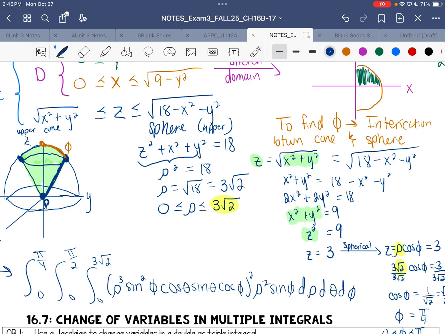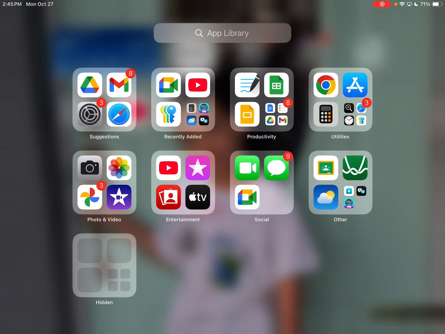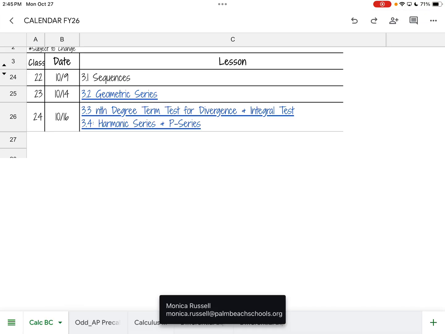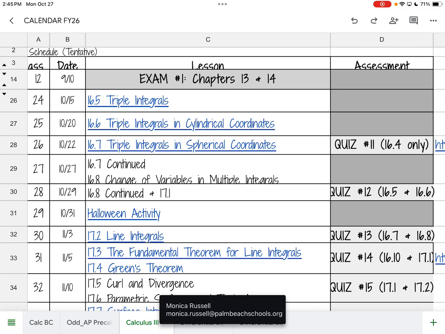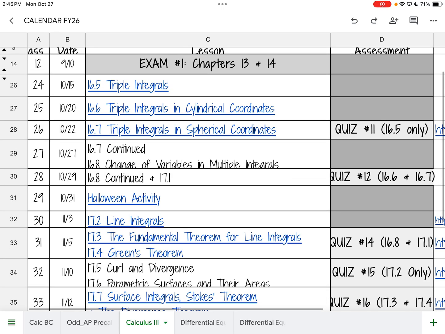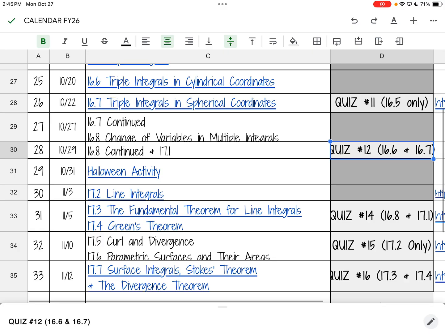Before we do 16.7, I noticed yet again that I still had the wrong things on the calendar for the quizzes. So let's just make sure your calendars are making sense to you. Next class, we're gonna have a quiz on spherical and cylindrical coordinates. I had the wrong title of that quiz.